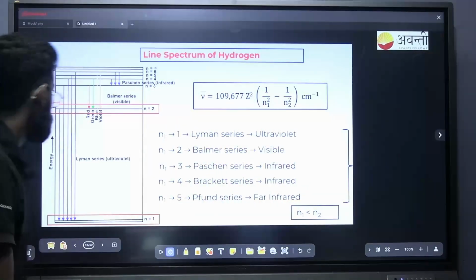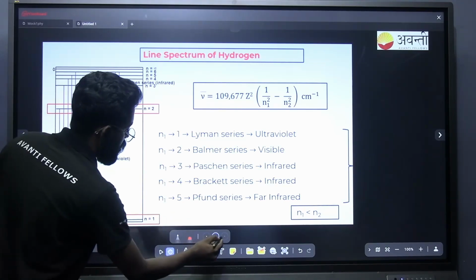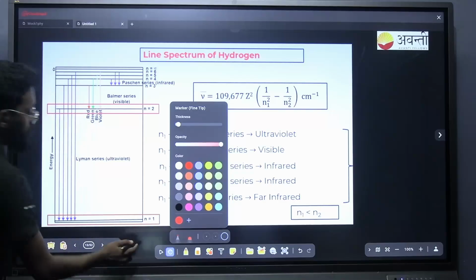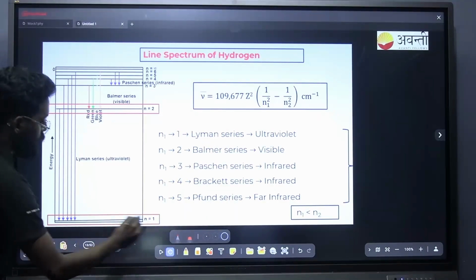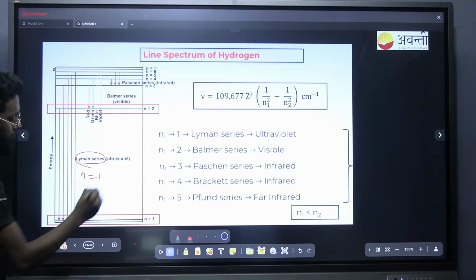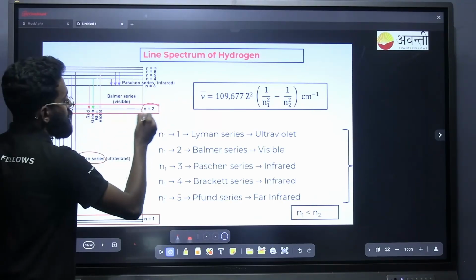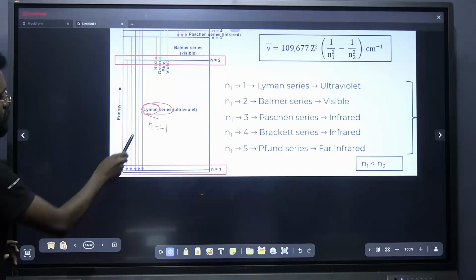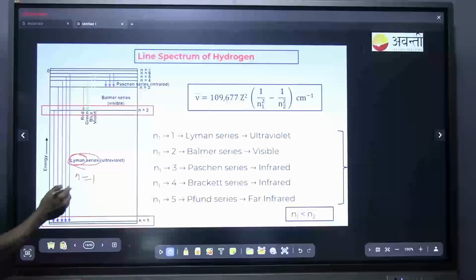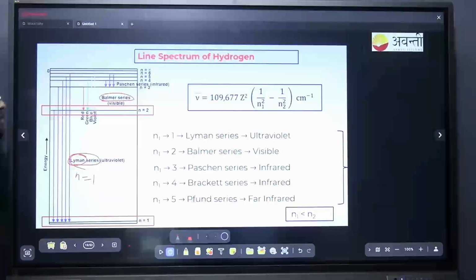If they jump back to the lower level n is equal to 1, we will be calling it Lyman series. If it jumps back to the level n is equal to 2, then we will be calling it Balmer series.